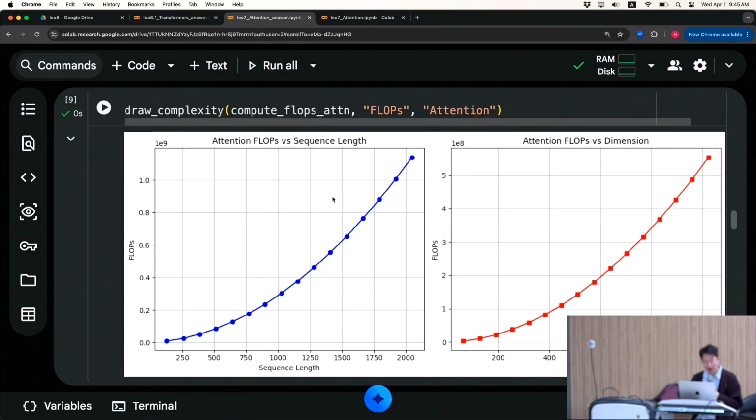Okay, so as expected, in terms of sequence length, we need a quadratic number of flops. It's intuitive because we're building our attention map of size sequence length by sequence length. And in terms of dimensions, it still looks quadratic.